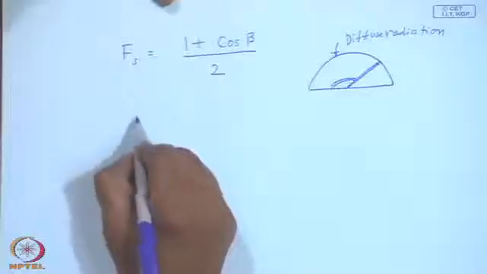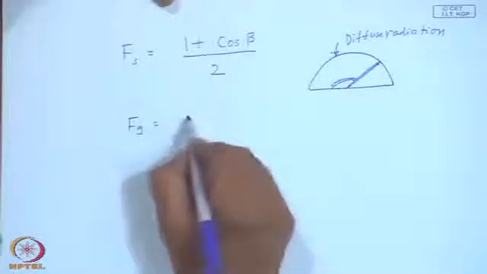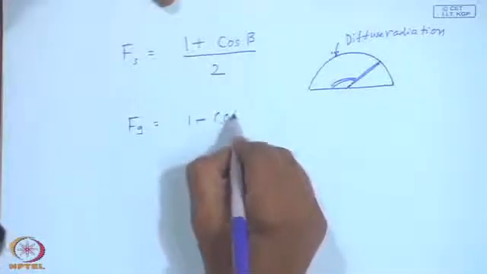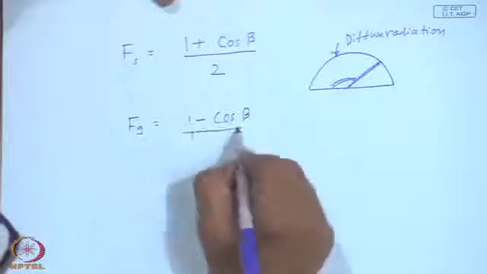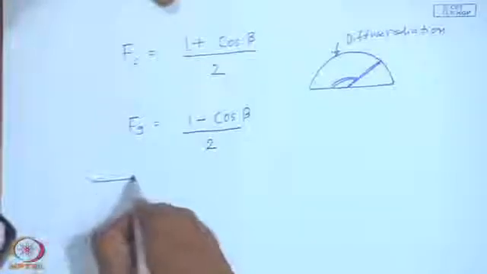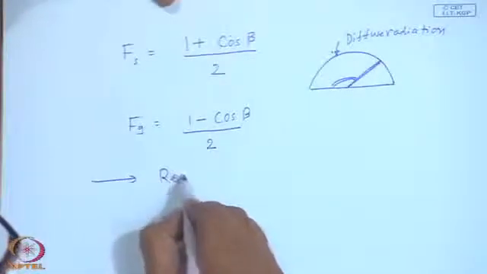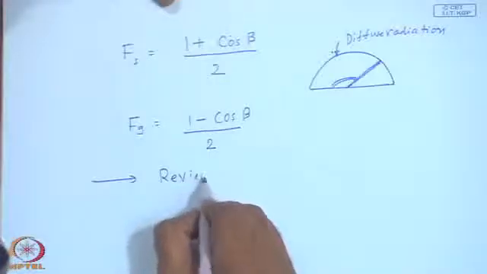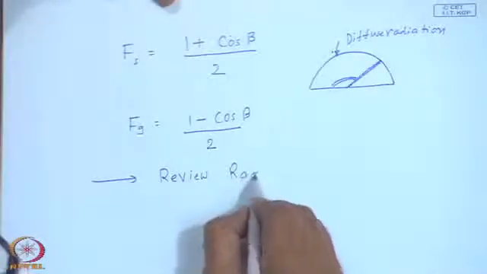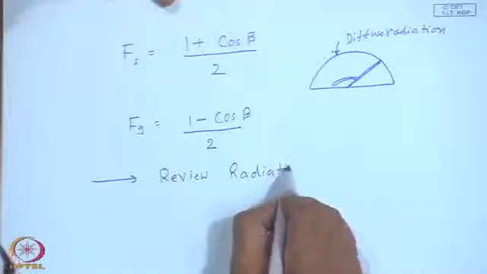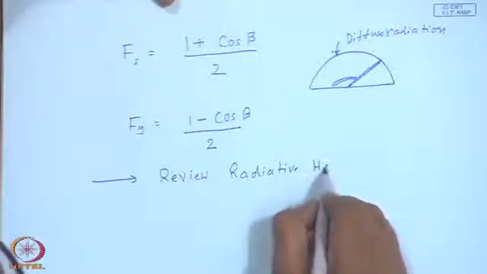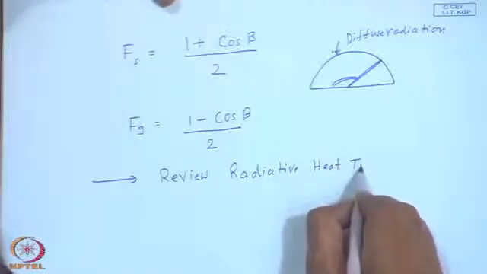Then F g is again 1 minus cos beta by 2. You should review radiative heat transfer, where the view factors are given.